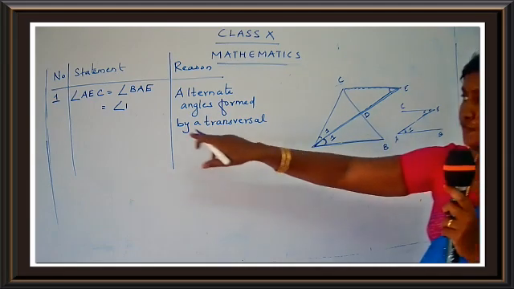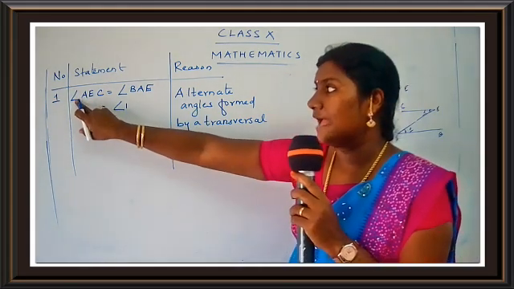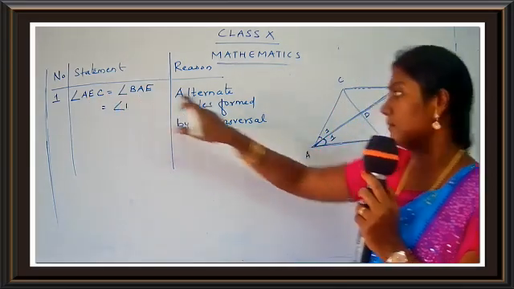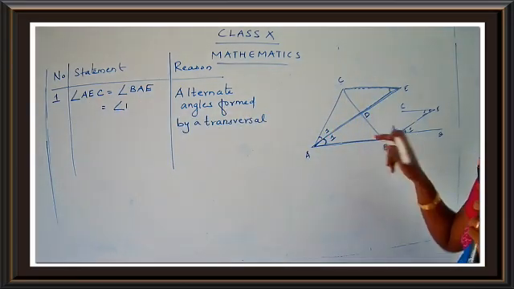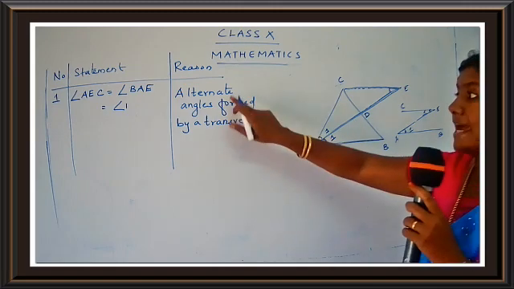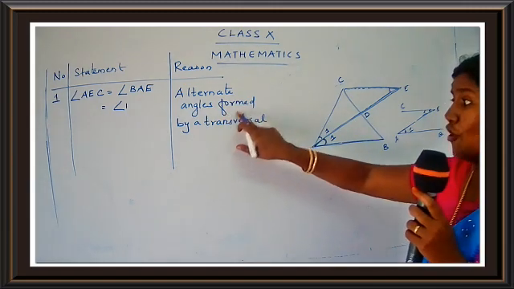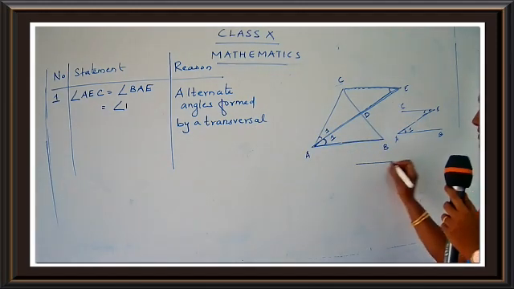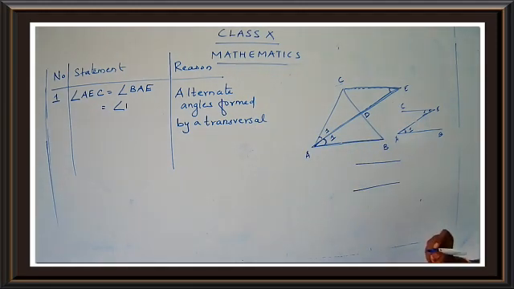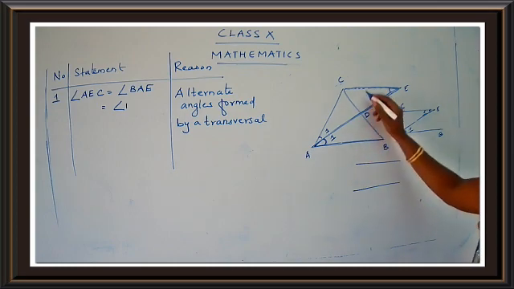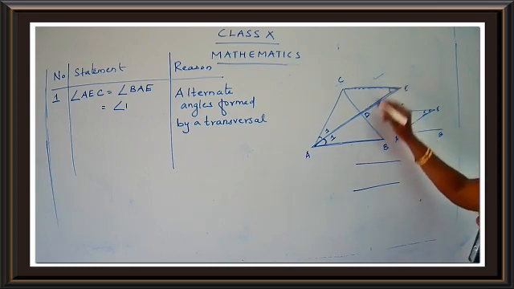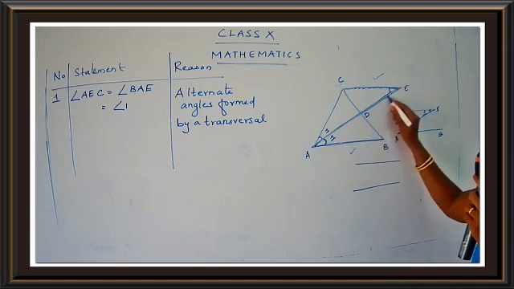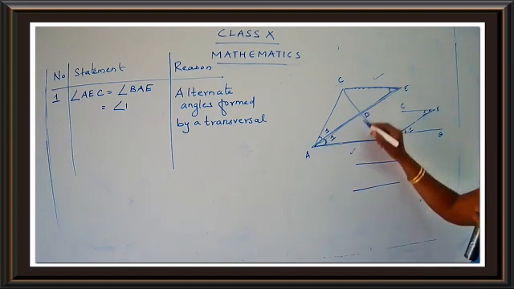So just write down the first statement. Angle AEC is equal to angle BAE. Both are equal. Why are they equal? Because they are the alternate angles formed by a transversal. Now, what is the meaning of transversal? You have two parallel lines. What are the two parallel lines? CE and AB are parallel lines, and this is a line which joins these two parallel lines.